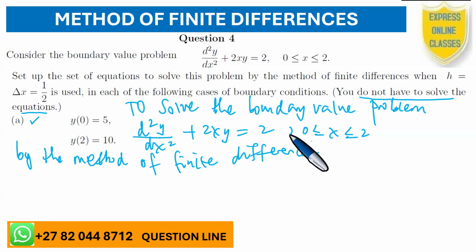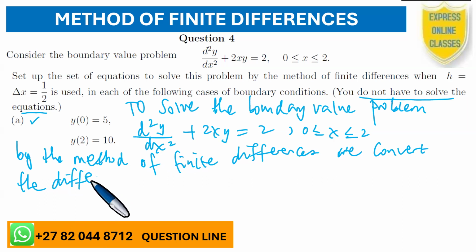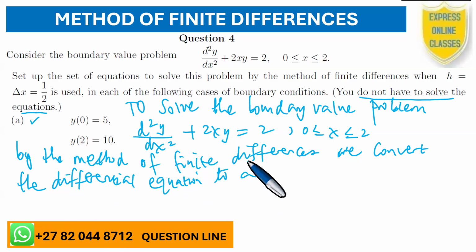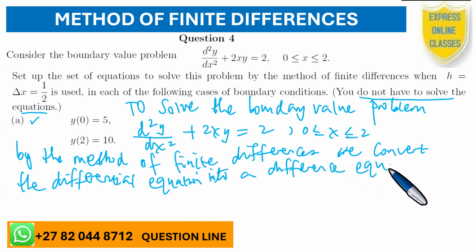First and foremost, we convert the differential equation to what we call a difference equation.